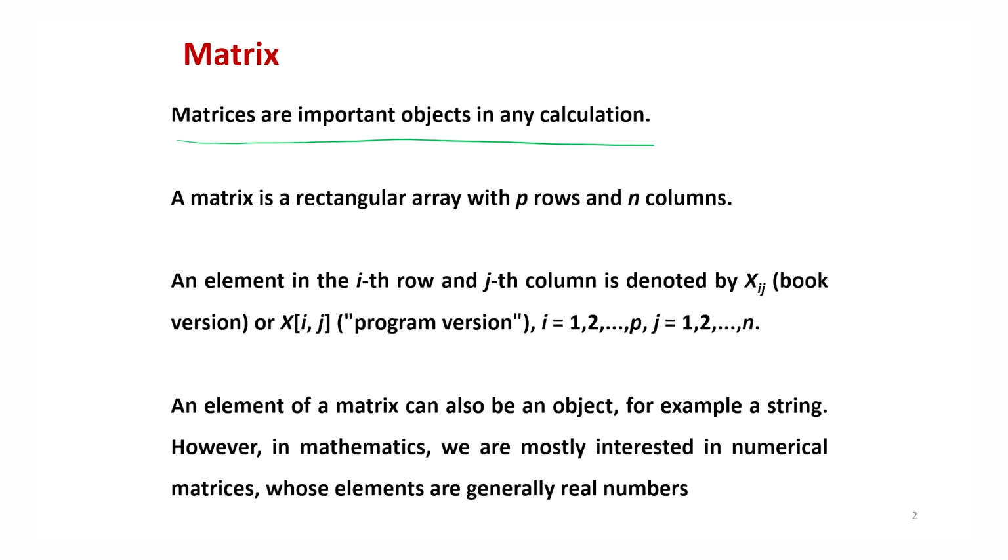A matrix is the arrangement of elements in rows and columns. For example, in mathematics, we write down a matrix like this, and then I will say here, this is the first element A11, this is the second element A12, and similarly the next elements A21, A22, and so on. So these are called rows and these are called columns.